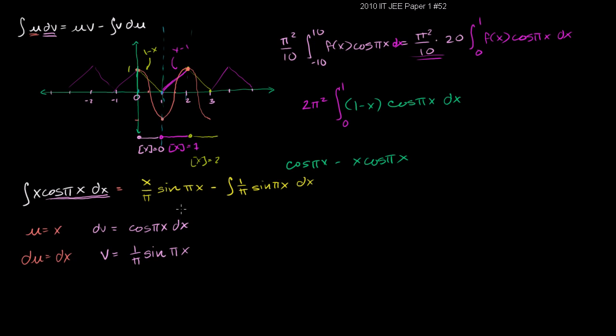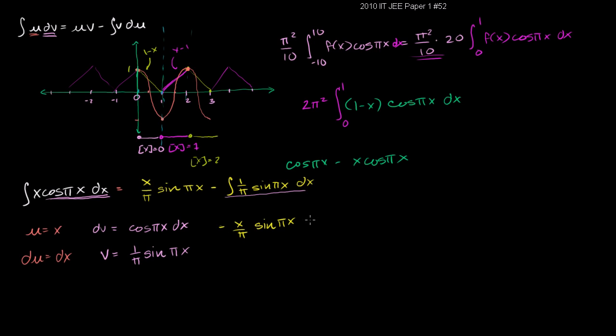So this whole expression is going to be x over pi sine of pi x. And then this over here, well, the antiderivative of sine of pi x is negative 1 over pi cosine of pi x.